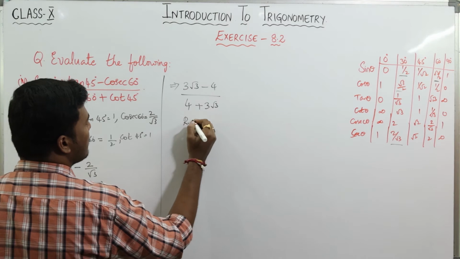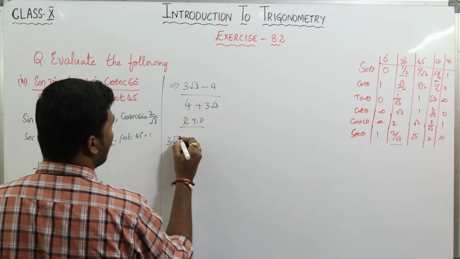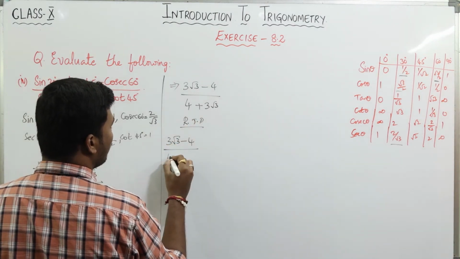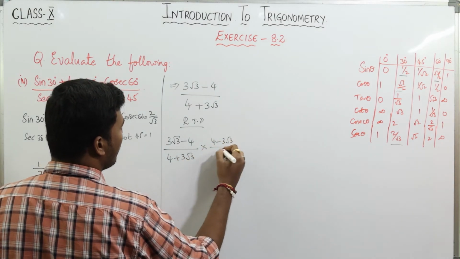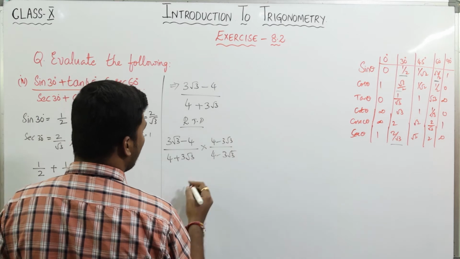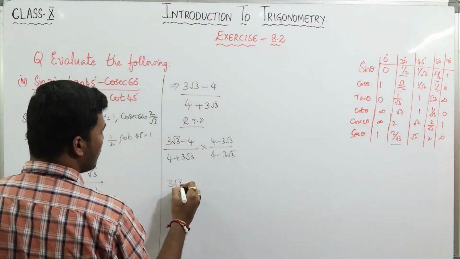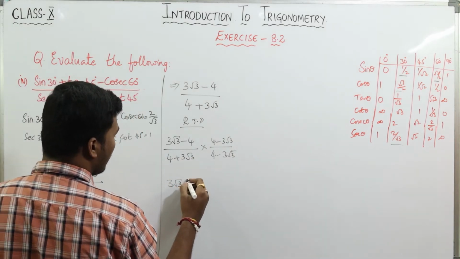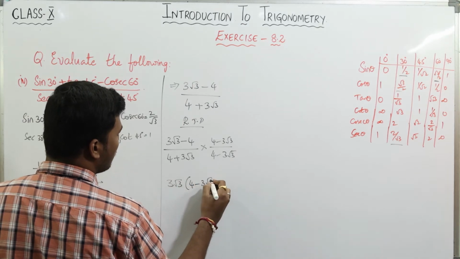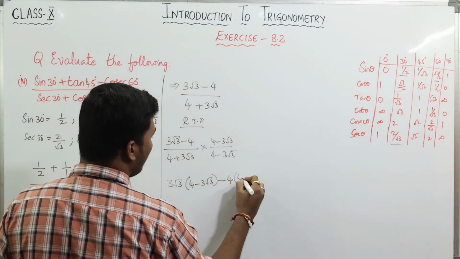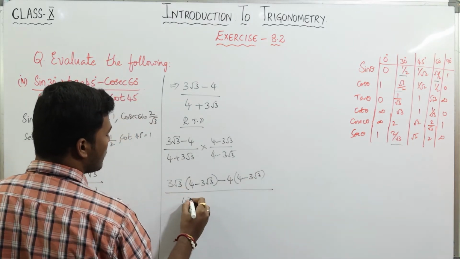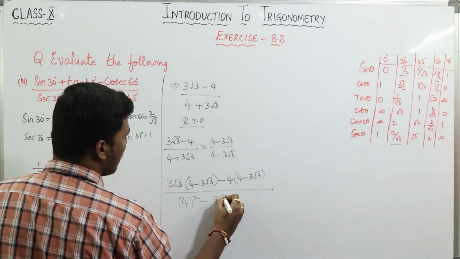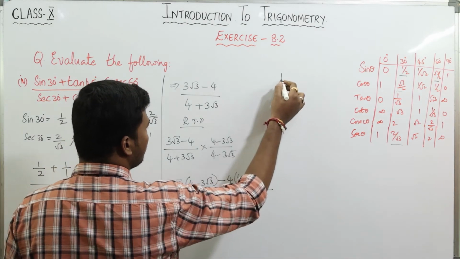Now rationalizing the denominator, then it will become 3 root 3 minus 4 by 4 plus 3 root 3 into 4 minus 3 root 3 by 4 minus 3 root 3. Then it will become 3 root 3 into 4 minus 3 root 3 minus 4 into 4 minus 3 root 3 divided by a square minus b square, 4 square minus 3 root 3 whole square.